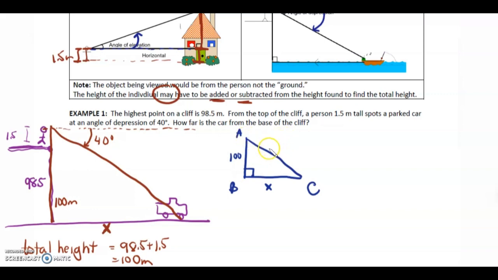Actually, I'm going to talk about this angle of depression. This is 40. If you remember in grade 9, the Z pattern, this angle and this angle are going to be the same. So if we make a huge Z here, this is going to be the 40-degree angle.